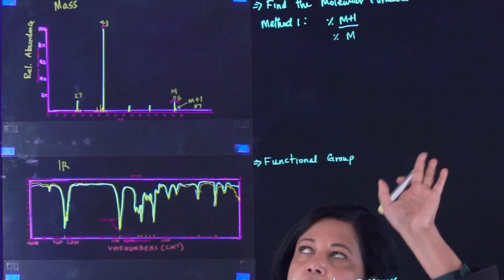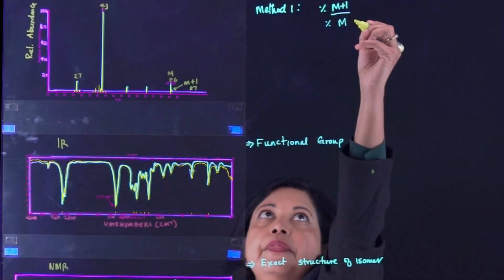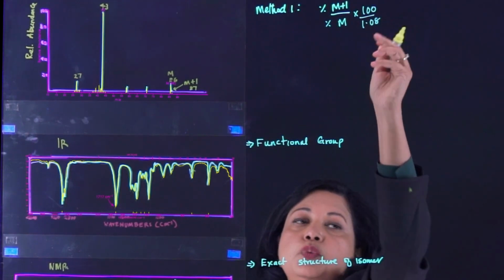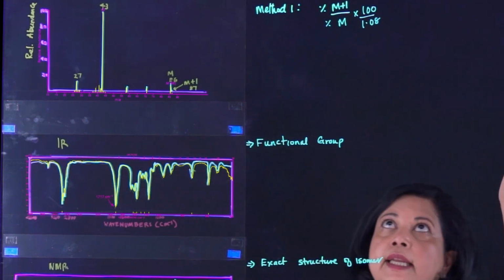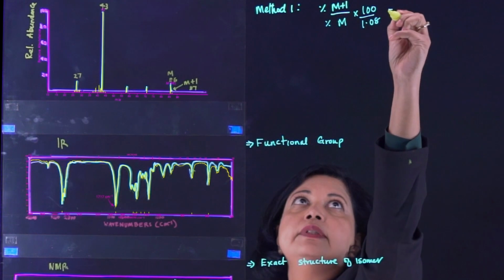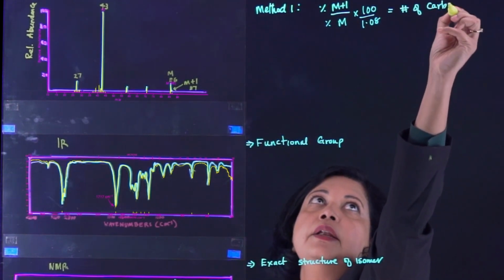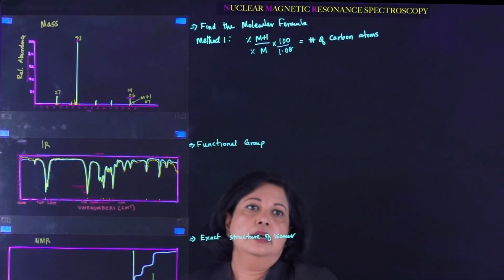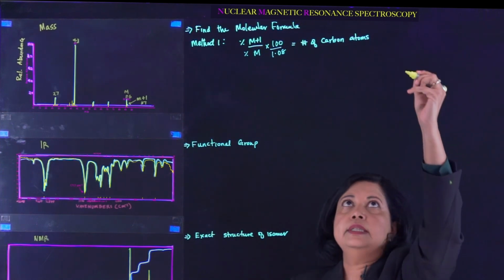This is the only time we use the Y scale. Times 100 over 1.08, because 1.08 is the percentage of carbon-13 in carbon. That gives us the number of carbon atoms in your molecule, assuming you have just carbons and hydrogens. Let's put the numbers in here.